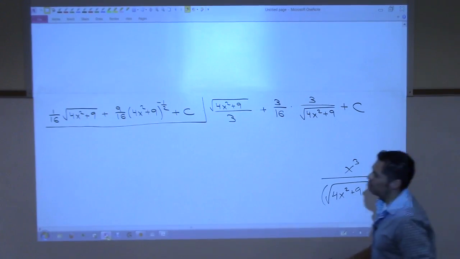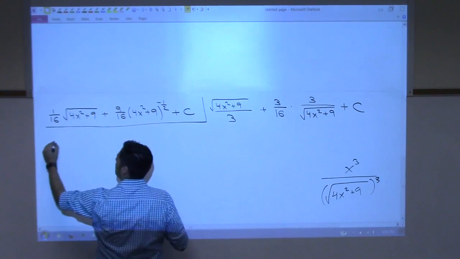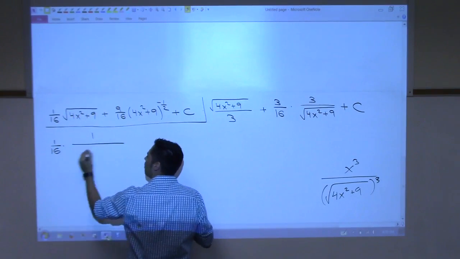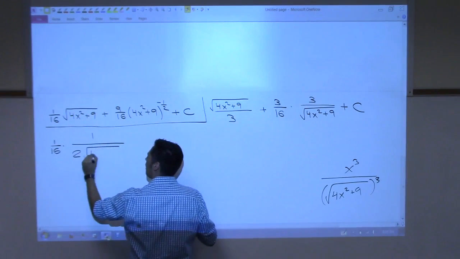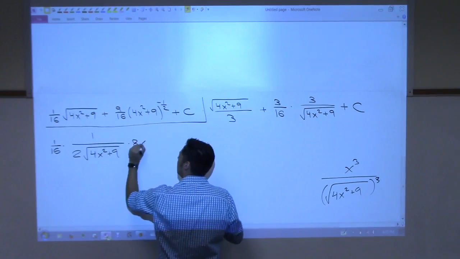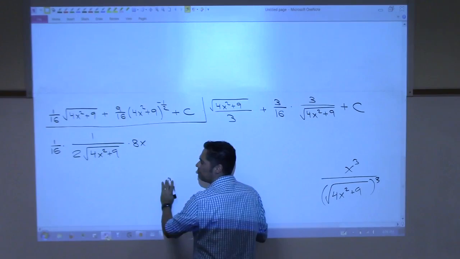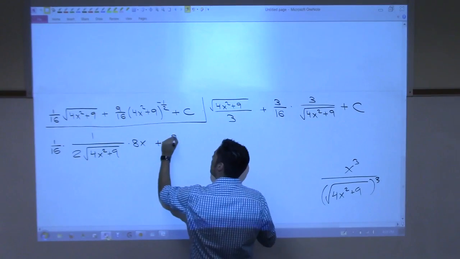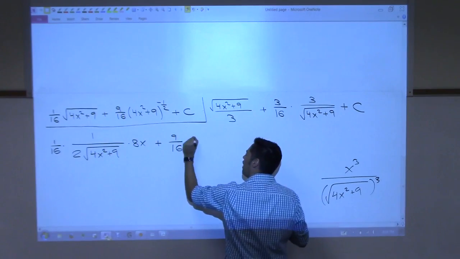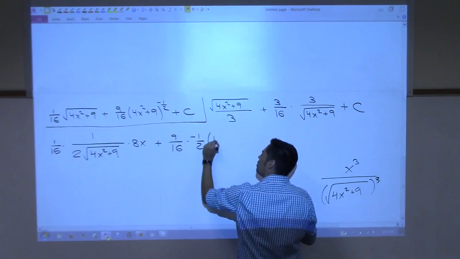All right, so look, here we go. Derivative of this, 1/16 comes down. Derivative of the square root of something is 1 over 2 times the root of that something times the derivative of what's in there, 8x. Good enough? Okay. Plus 9/16 constant comes along for the ride. Negative 1/2 pops out. All of that to what power?